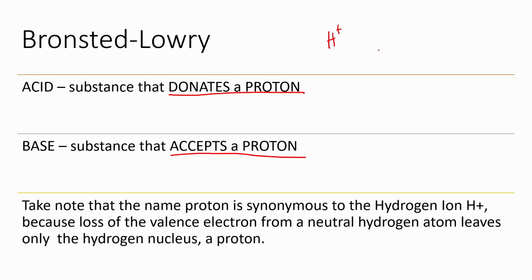So remember that our neutral hydrogen has one electron and one proton. Now, if the electron leaves, what you will have is only one proton left. And since it has no more electrons, the hydrogen ion effectively is a proton because there's nothing left in the atom, only a proton.